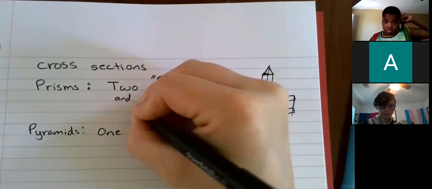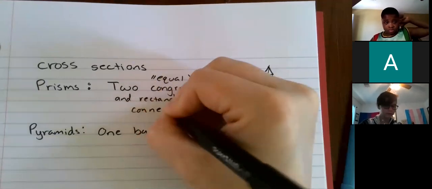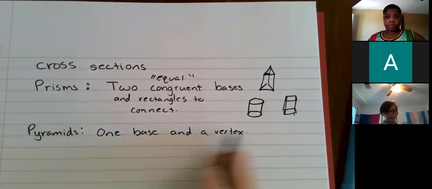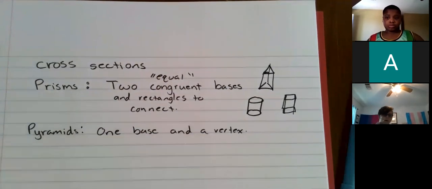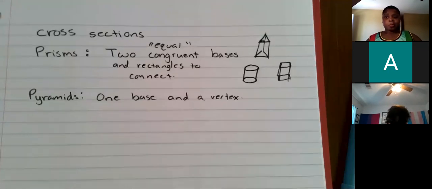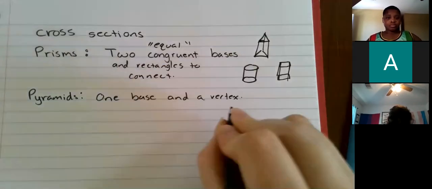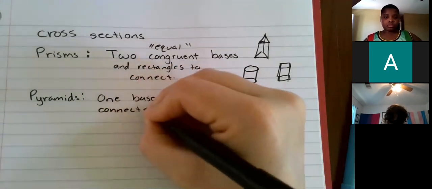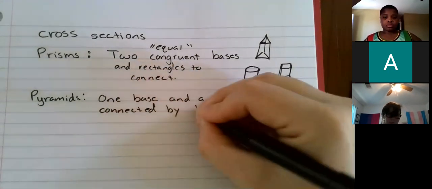Those rectangles were going to connect our bases together. Here, with the pyramid, you've got one base. How do you think the base connects to the vertex? What shape connects the base to the vertex? The triangle? Triangle, yeah. So it has one base and a vertex connected by triangles.